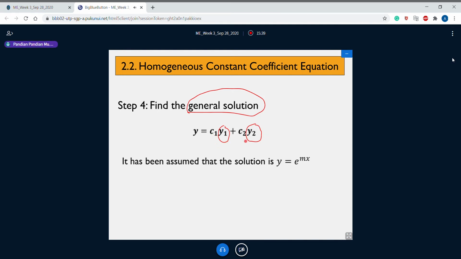Since C1 and C2 are still unknown, because we are solving a general second order ordinary differential equation, constant coefficient, homogeneous, we cannot find C1, C2 because you don't have initial conditions. You can find C1, C2 only if the problem is an initial value problem, whereby the initial conditions are given. So for this final general solution, you just have to write y equals C1 y1 plus C2 y2.